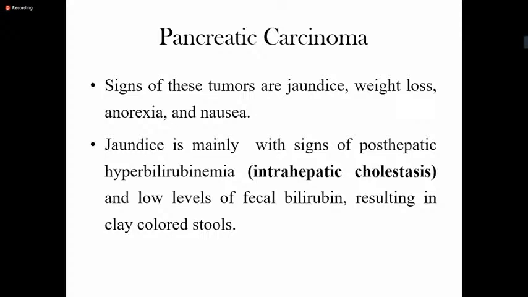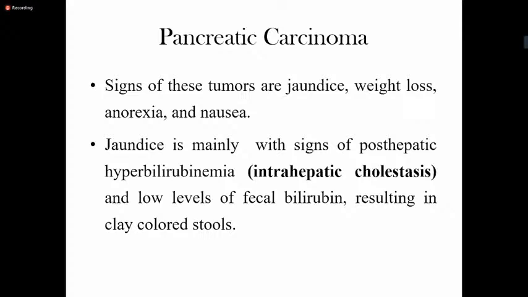So the signs of this tumor are those. I told you that the typical symptom is severe pain. And the signs of this tumor include jaundice, weight loss, anorexia, and nausea. Anorexia and nausea are generalized symptoms for any GIT disease.